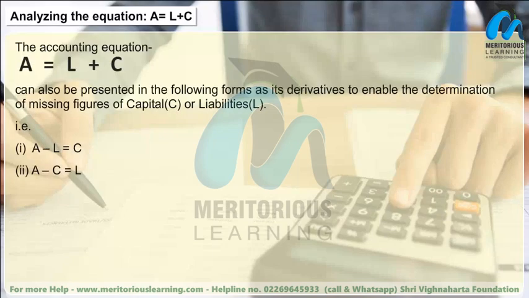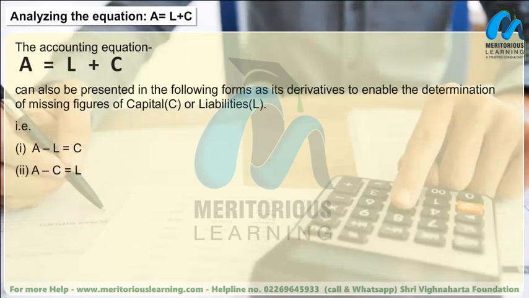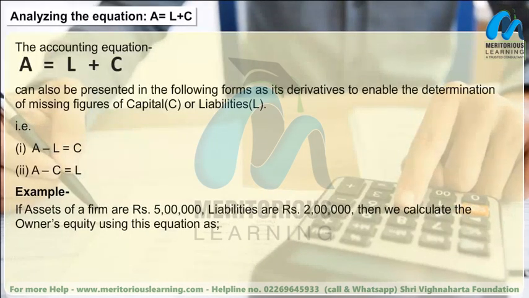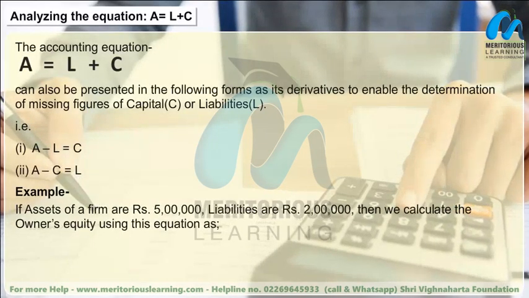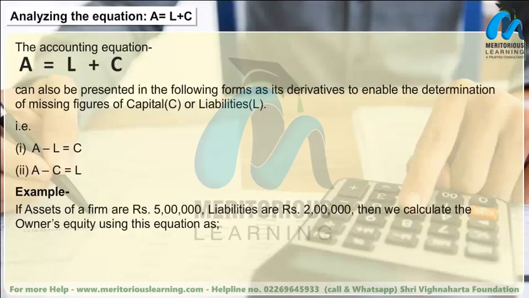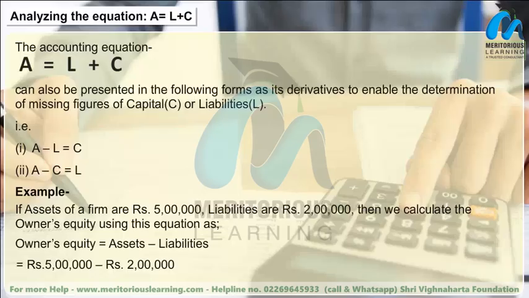A minus C is equal to L. Example: if assets of a firm are 5 lakh rupees and liabilities are 2 lakh rupees, then we calculate the owner's equity using this equation as owner's equity is equal to assets minus liabilities, which is 5 lakh rupees minus 2 lakh rupees, equal to 3 lakh rupees.